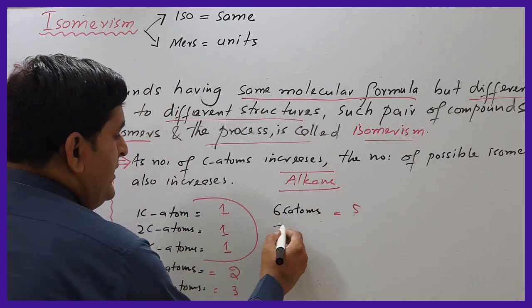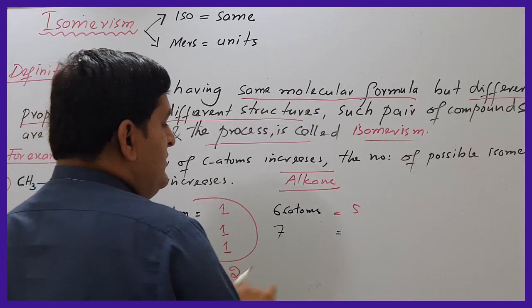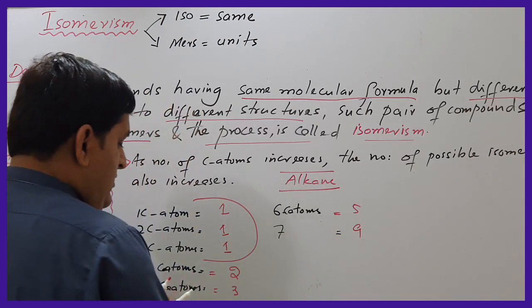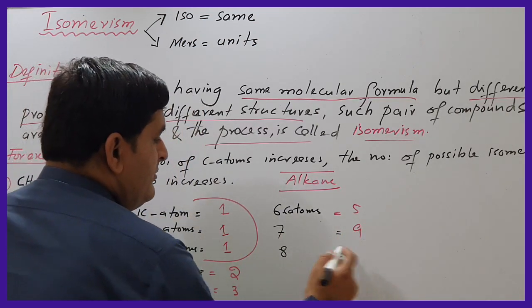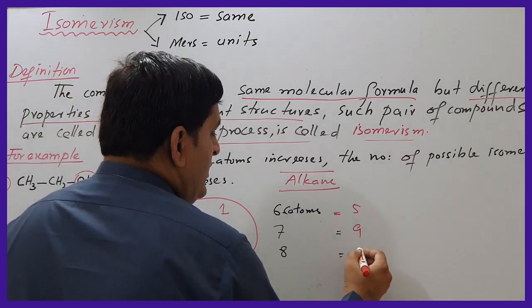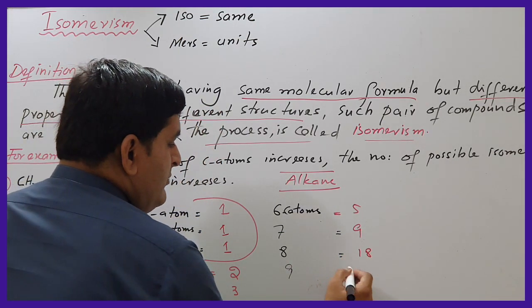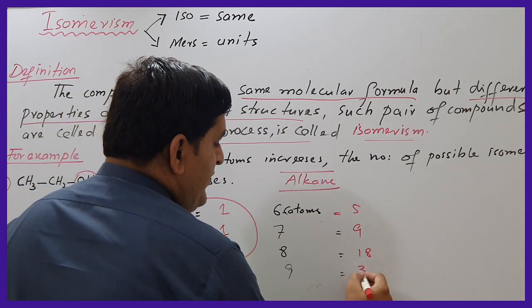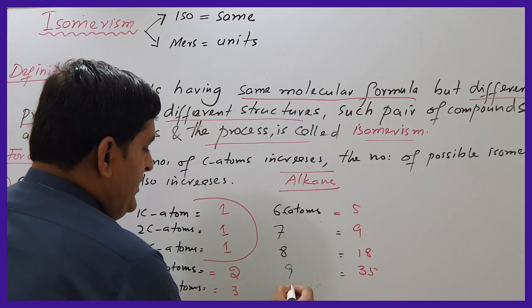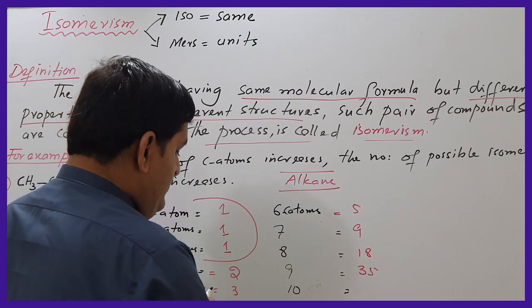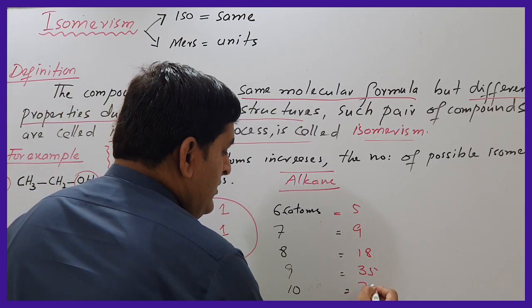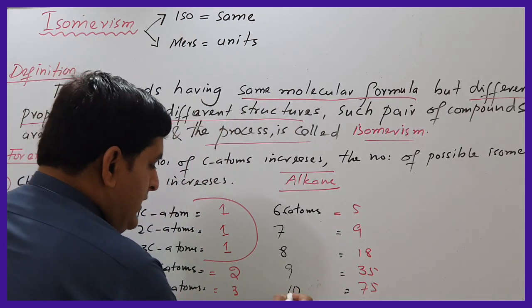For 7 carbon atoms, it is 9. For 8 carbon atoms, it is 18. For 9 carbon atoms, it is 35. For 10 carbon atoms, it is 75.